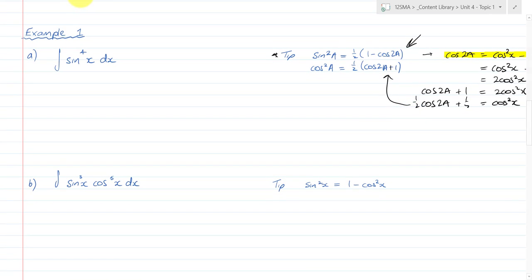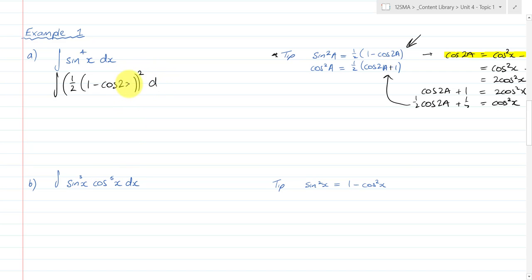In example 1, I can use this information to write down the integral of sine to the power of 4x as the integral of a half, 1 minus cos 2x, squared, dx, because sine to the power of 4 is sine squared, squared.